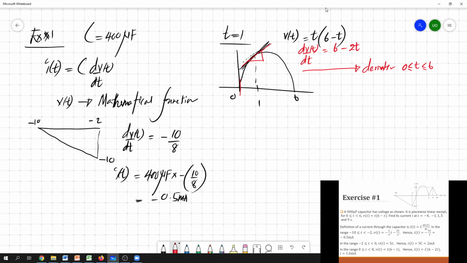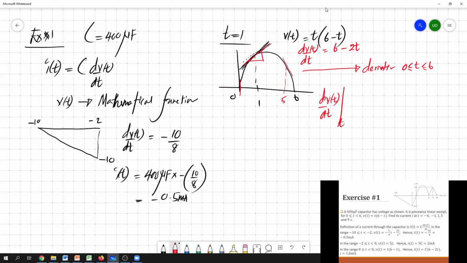If you substitute t equals 1, you get the derivative at t equals 1. If you substitute t equals 5, you get the derivative at t equals 5 likewise. So the derivative is also a time dependent function. This gives the gradient or the derivative variation between 0 and 6 seconds.